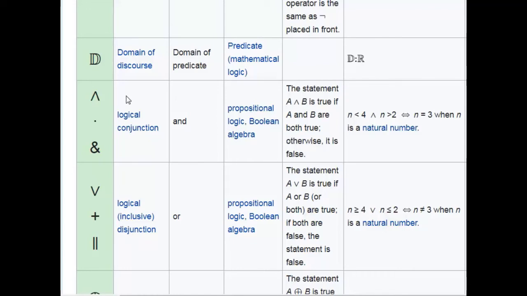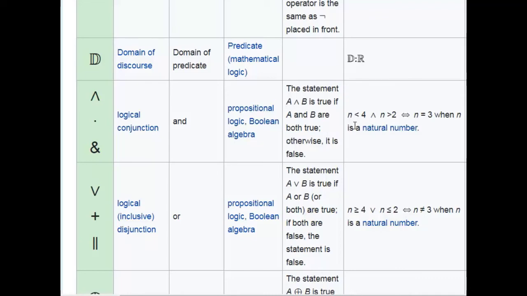And now the next one. Logical conjunction, it's called. So, it is "and". Read "and". Usually we use this one, the first one, for "and". The statement A and B is true if A and B are both true. Otherwise, it is false.